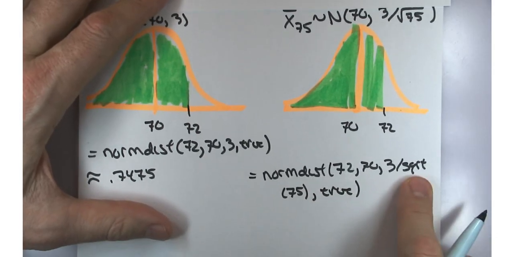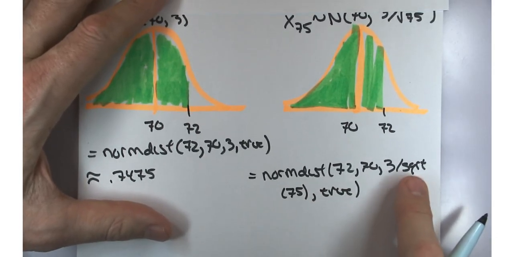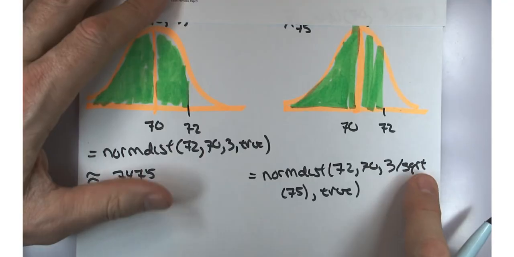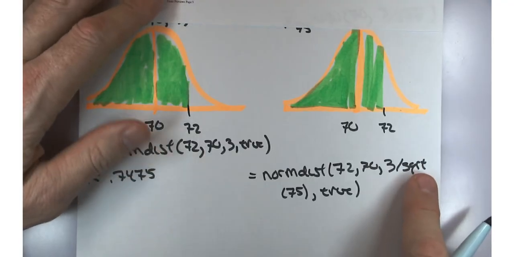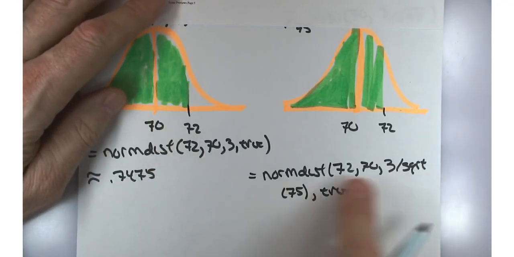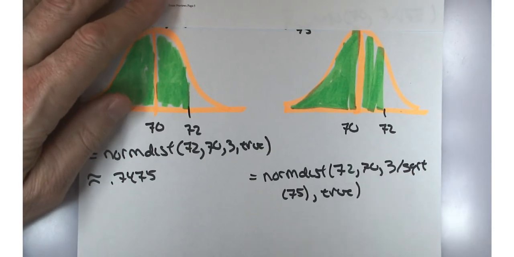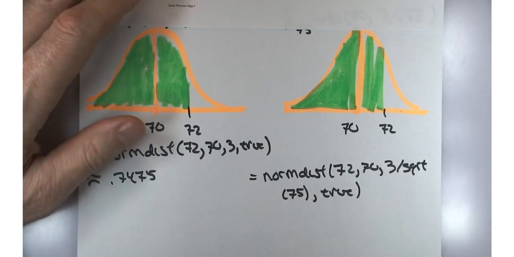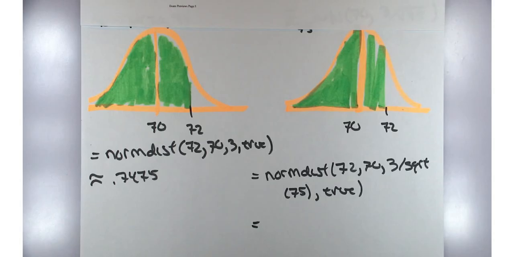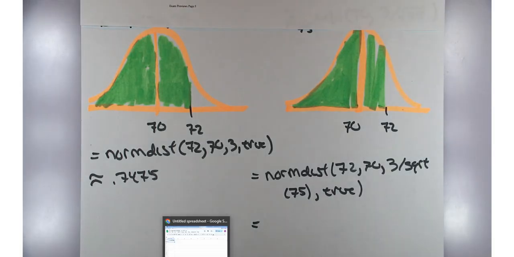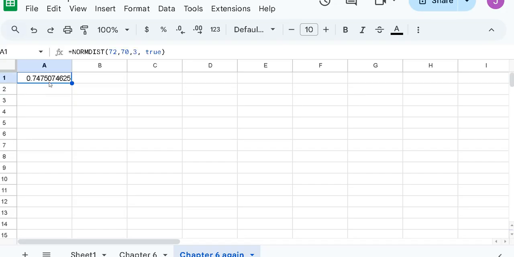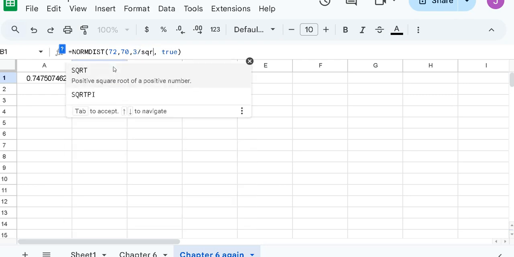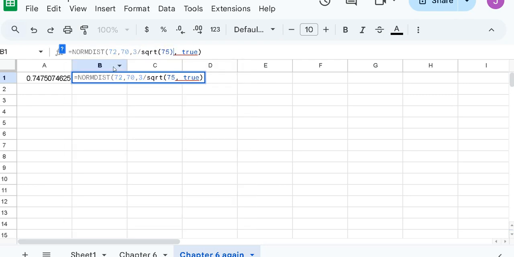So that's a way to get Google Sheets to calculate the square root of 75 for you. Basically, all you have to do is copy the previous command and just edit in for the square root of the sample size. So that's exactly what I'll do on my version of Google Sheets up here. So I'm just going to take that one and copy it and divide by square root of 75. Bam.